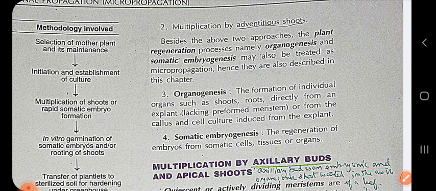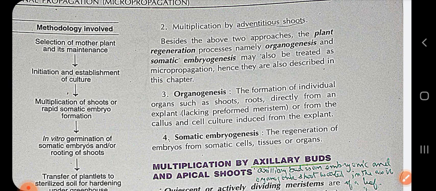So organogenesis is a process where we directly form plant organs like shoots and roots from an explant, or with the help of callus, which has been established in the culture.